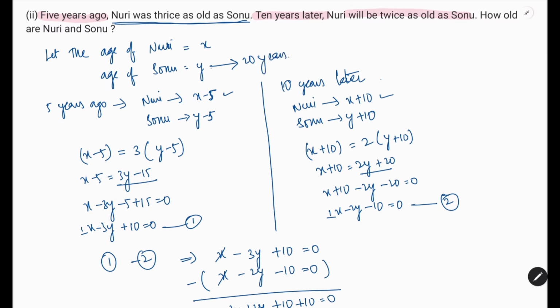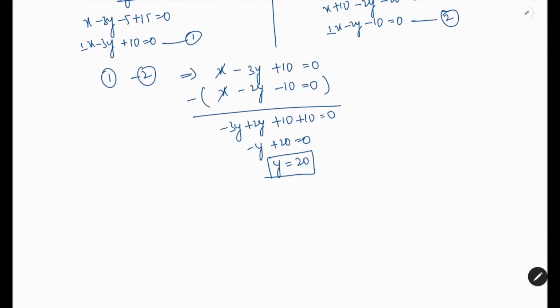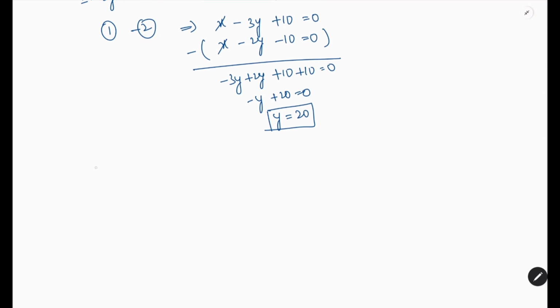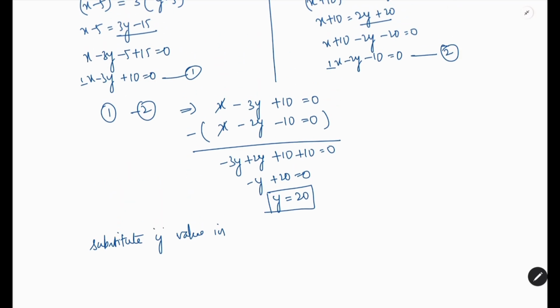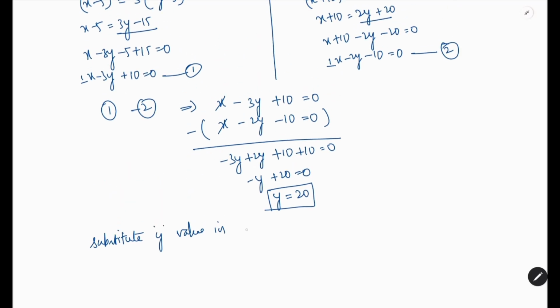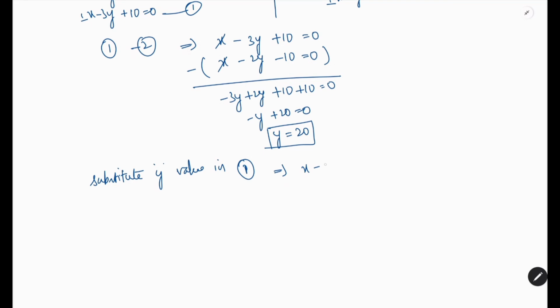And what is the age of Noori? To find the age of Noori, substitute the y value in the first or second equation. In the first we will substitute. x minus 3 into 20 plus 10 equal to 0.